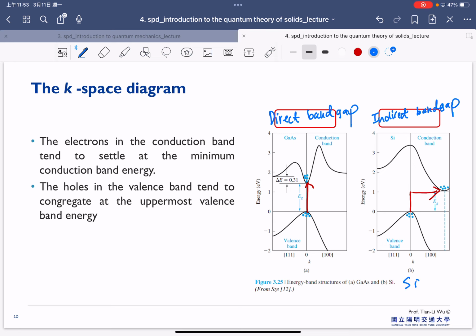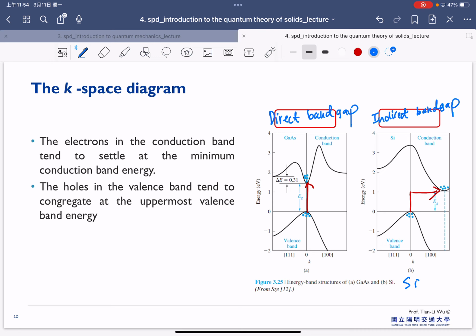So you never see people say they can use silicon to make a light emitting diode. You know what a light emitting diode is? That's an LED. Because an LED needs current transport in the material, and this current transport needs to be very efficient. That's why it can emit light.